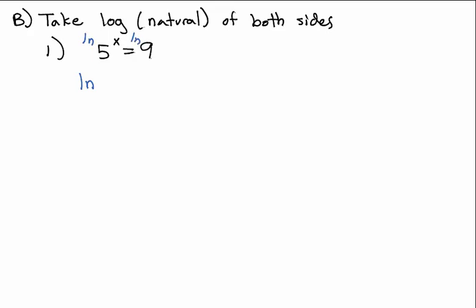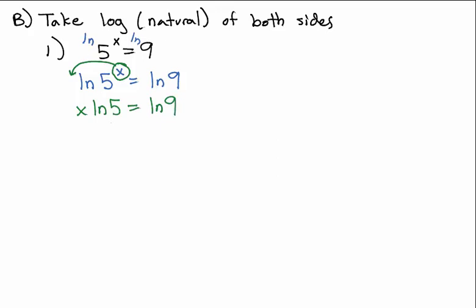So we have the natural log of 5 to the x equals the natural log of 9. And what's nice about this is we know that this exponent inside the log can move out front. So we have x ln of 5 equals the ln of 9.